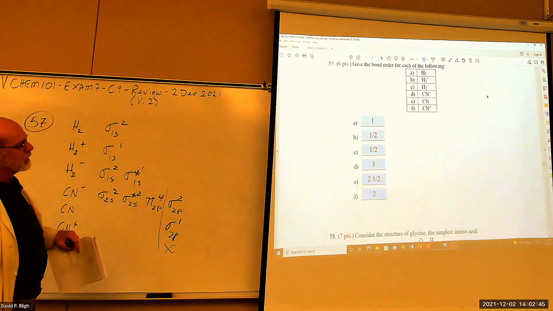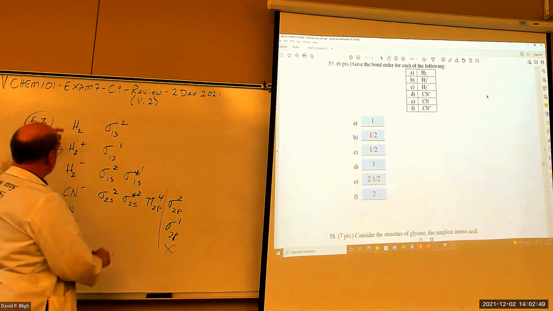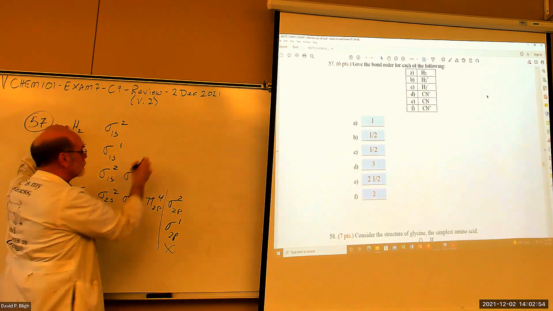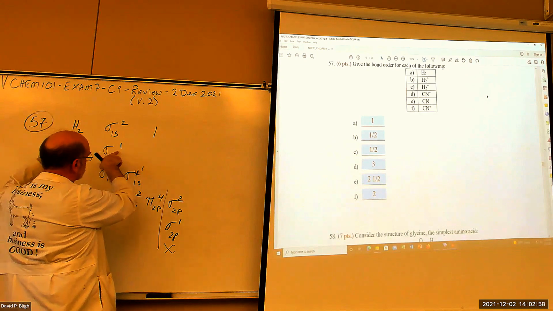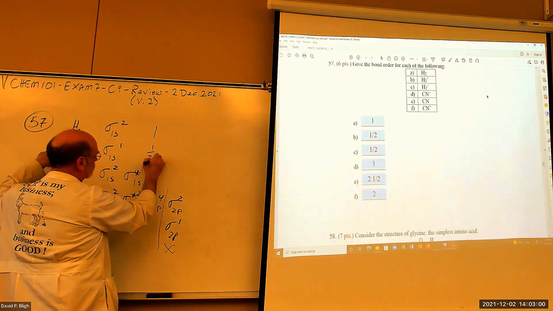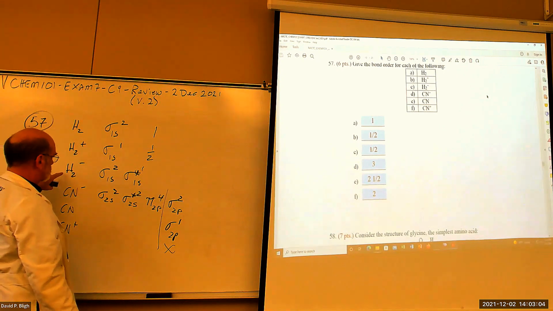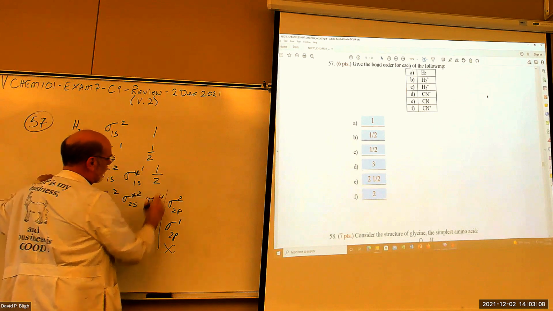Okay, bond order. Calculate the bond order. All right, bond order for this one is 2 minus 0 divided by 2 is 1. We're decreasing a bonding, so it's a half. We're increasing in an anti-bonding, it's also 1/2.